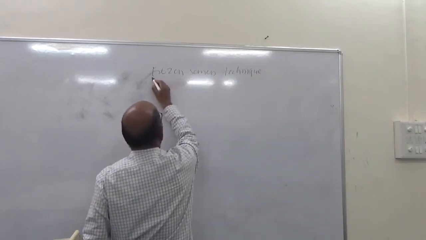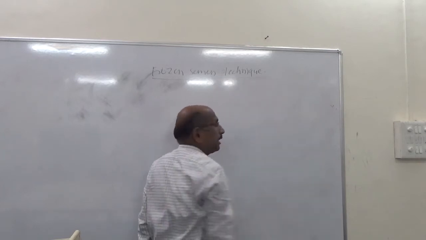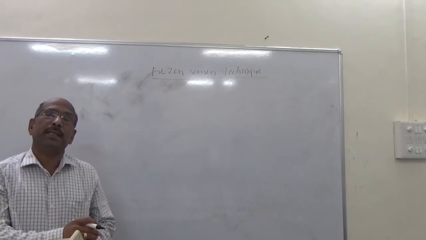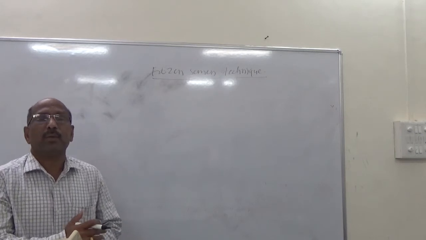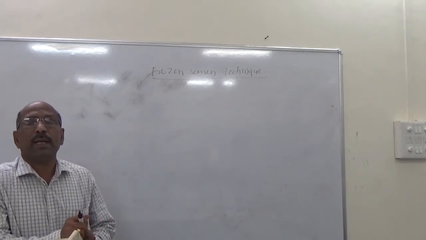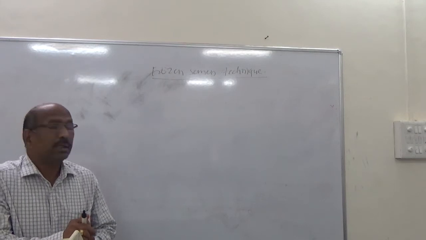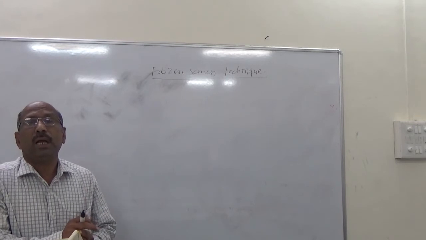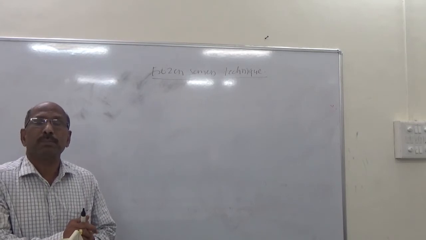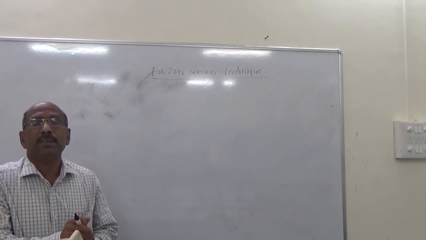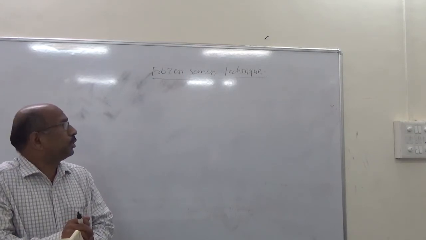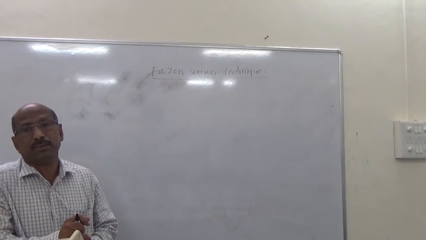Semen that can be preserved at -196 degrees centigrade in liquid nitrogen is called frozen semen. Last lecture we studied what frozen semen is, and its advantages and disadvantages. Now we study the frozen semen techniques.